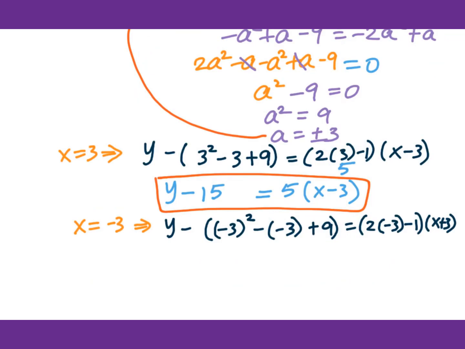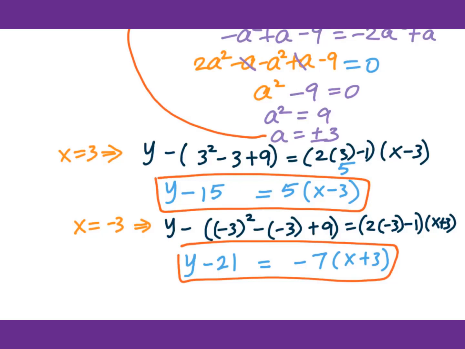Then you organize, you will get y minus 21 equals negative 7 times (x plus 3). This will be the second equation of a tangent line passing through (0, 0).